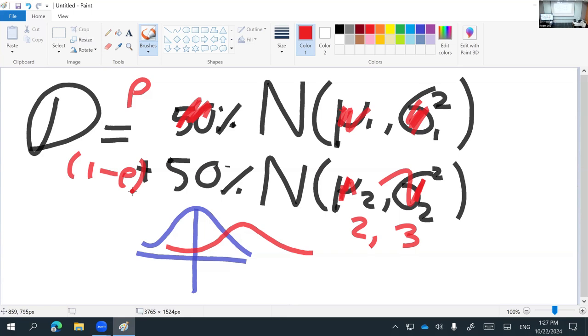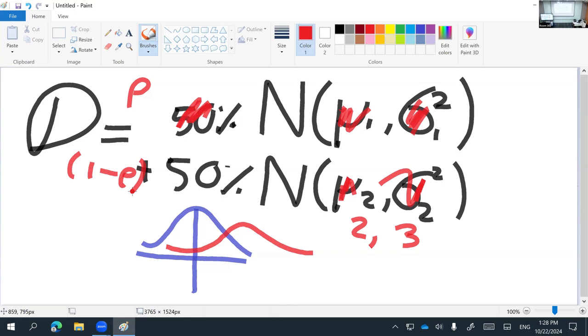Now, there is a distinctly different way of thinking. It's not necessarily that you adopt this distinction, but you can see that with this kind of mixture approach, you have an implicit statement that it's actually the same population, just based on two components.